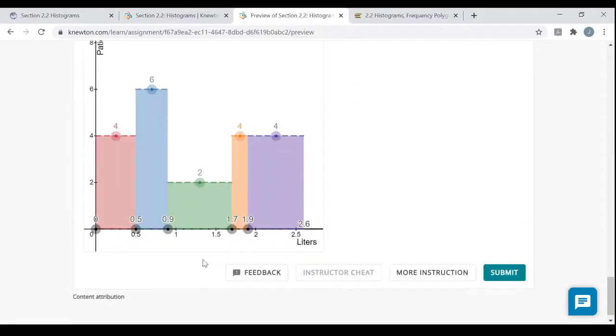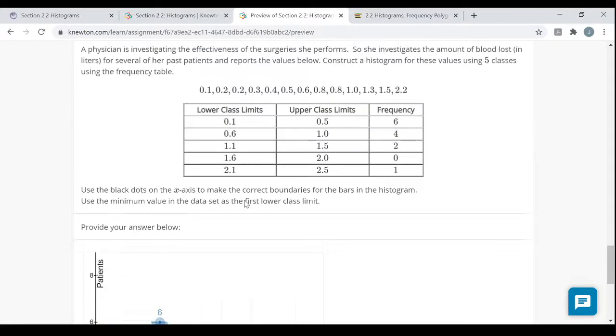So just like earlier, I'm going to have this start at 0.5. The first dot, I gotta move everything here. First dot start at 0.1. I don't know why I did that. 0.1, that's the minimum value. And then just put the black dots at the lower limits. Right?